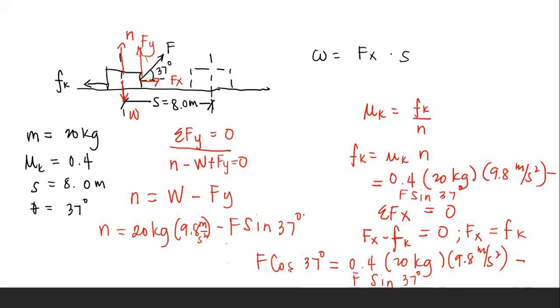Simplify, transpose your F sine 37 degrees to the left side.